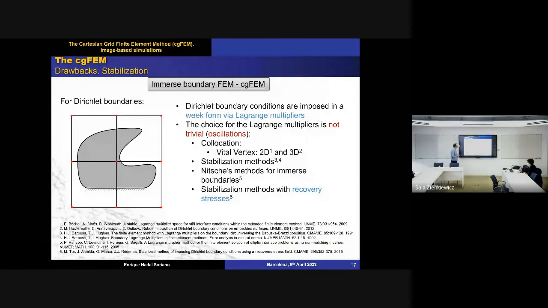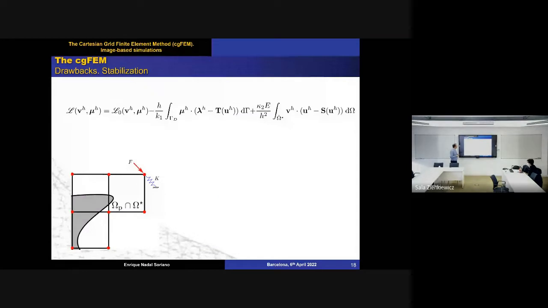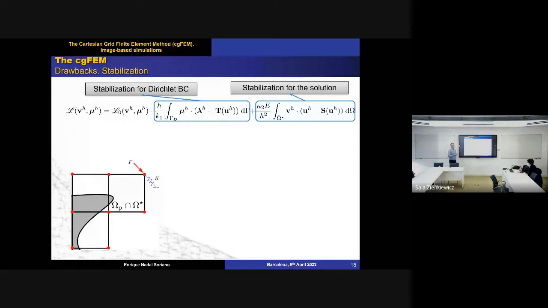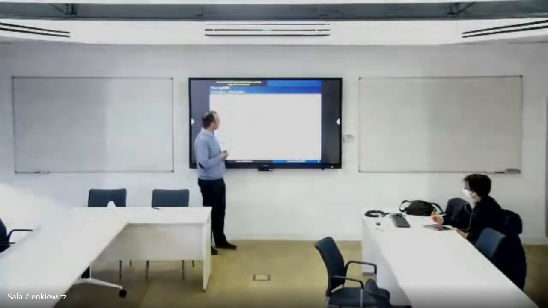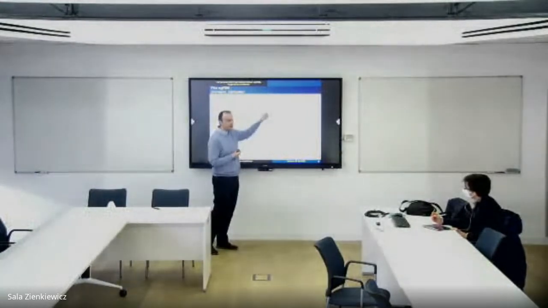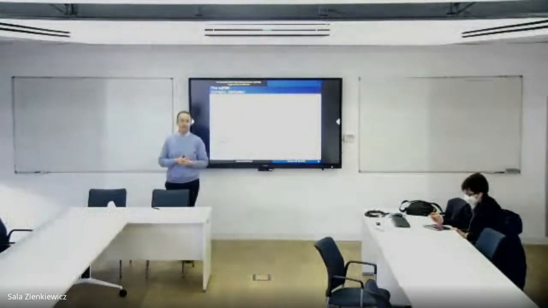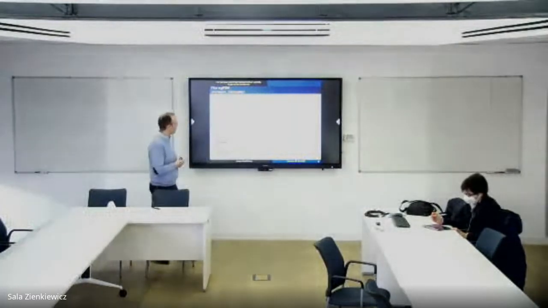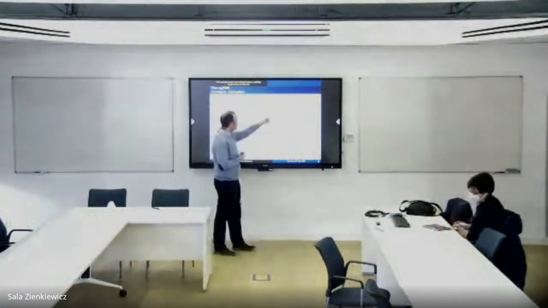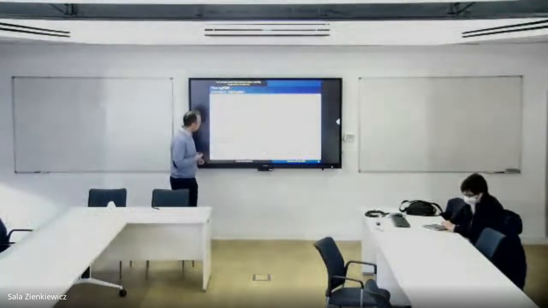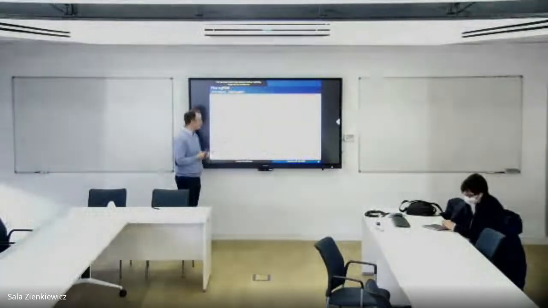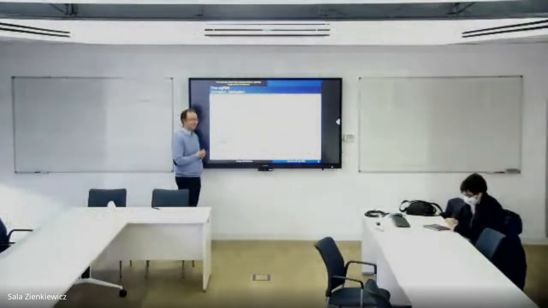We can observe that in this Lagrangian form, the first integral is the stabilization for the Dirichlet boundary conditions, where we force the Lagrange multiplier space to be similar to the tractions over the boundaries coming from the finite element solution. Also, we have elements like this one that have only a small region of the geometry inside the element, so the solution in some nodes is not stable.